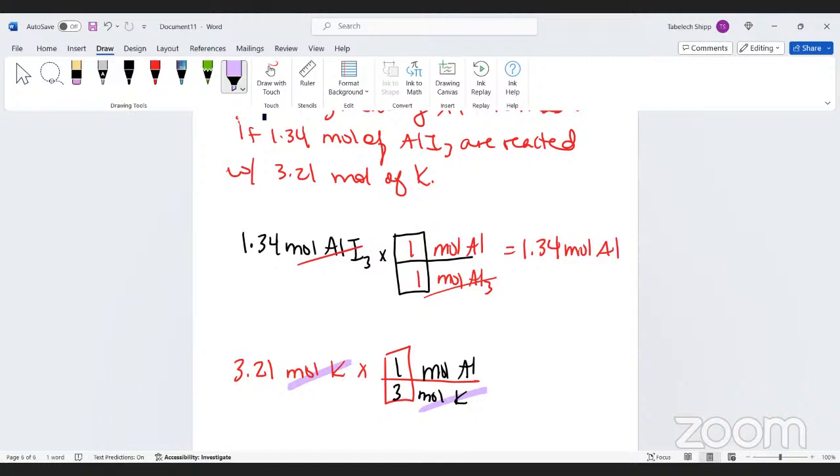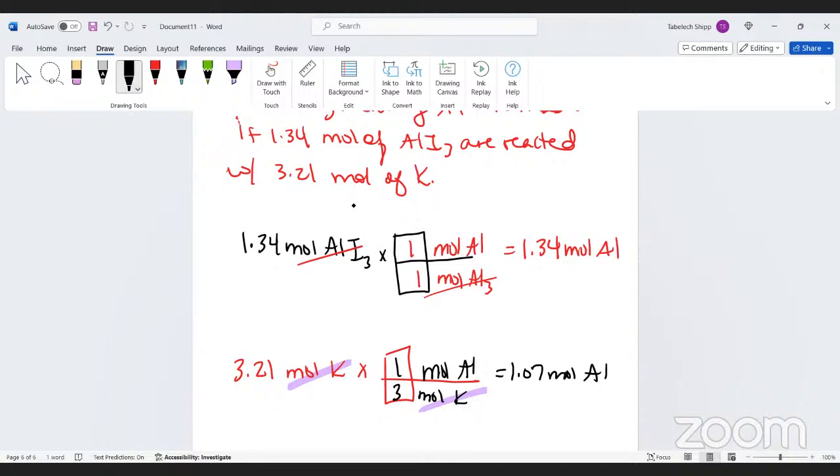You're going to say 3.21 times 1 and then divide that by 3, and you get 1.07 as your answer. Now, that is if you used the 3.21.